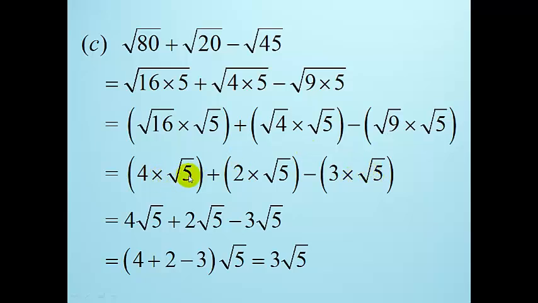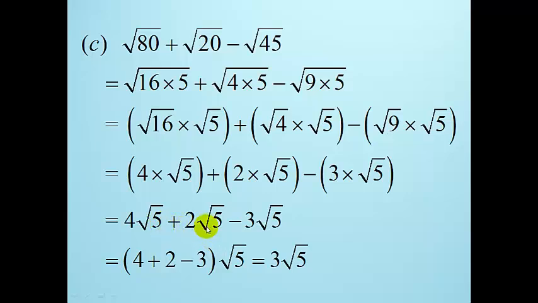Now 4 times root 5 is 4 root 5, plus 2 times root 5 is 2 root 5, minus 3 times root 5 is 3 root 5. Now we can see that they carry the same surd, and therefore we can add and subtract the coefficients. So 4 root 5 plus 2 root 5 minus 3 root 5 is equal to 4 plus 2 minus 3 in bracket times root 5.